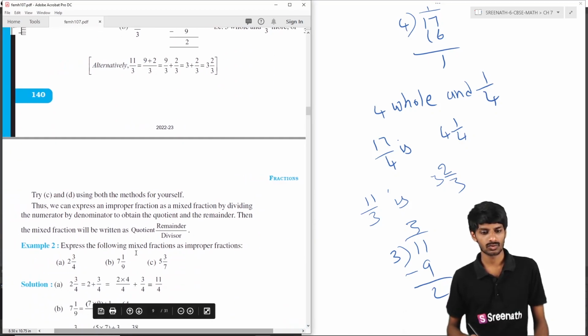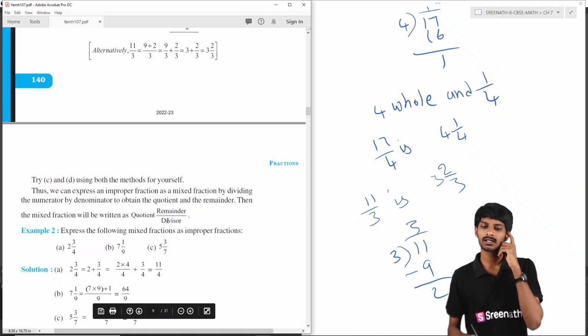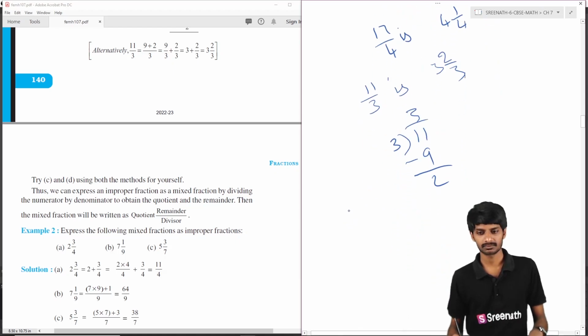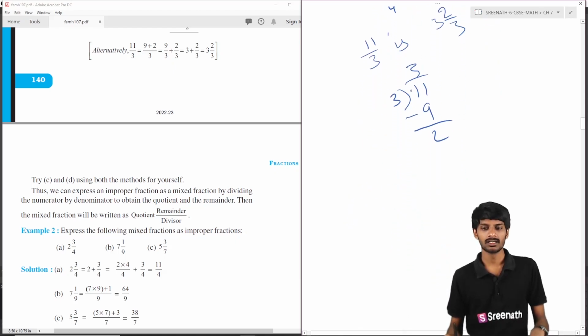Like that you have to do, students. Quotient, remainder by divisor, students. Okay, first thing is the quotient. It is the quotient and the remainder, students. 3 2/3.